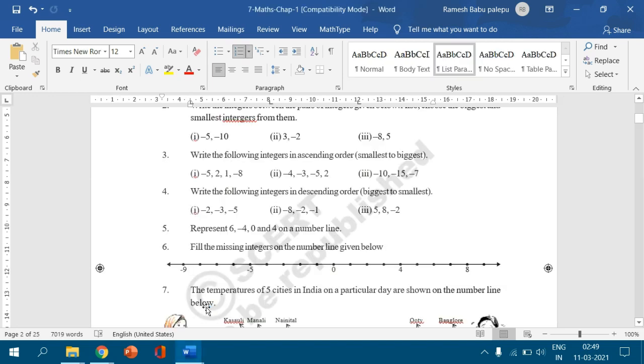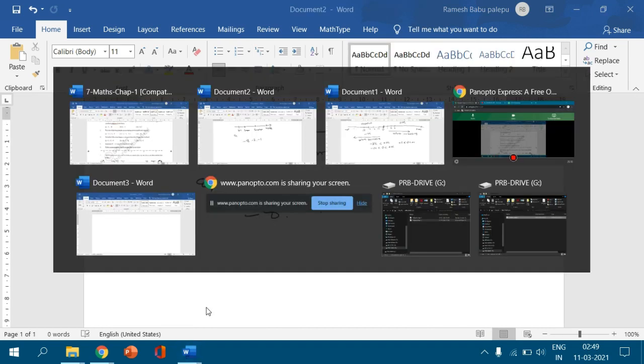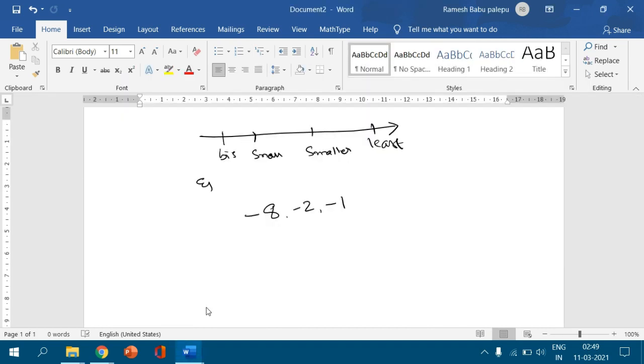The next one is minus 8, minus 2, minus 1. So the given numbers are minus 8, minus 2, minus 1. We know that minus 8 is very less. So first we write the bigger number.